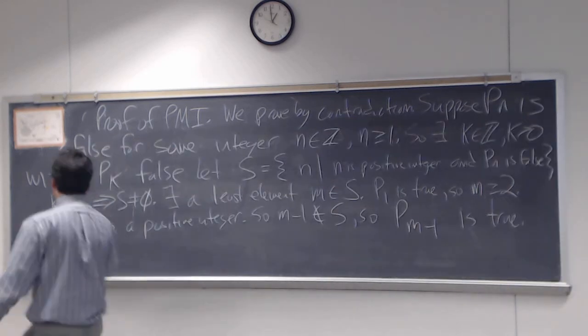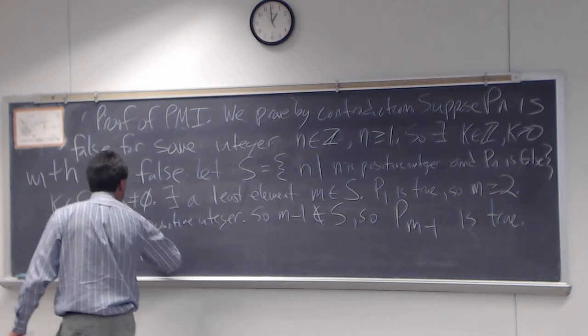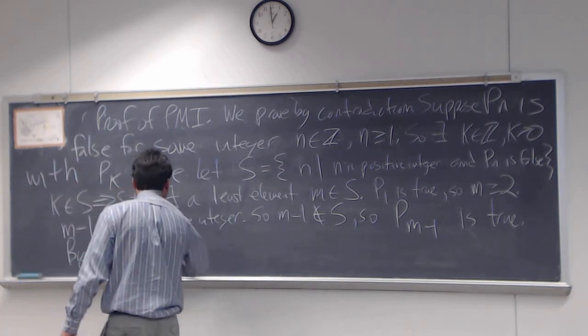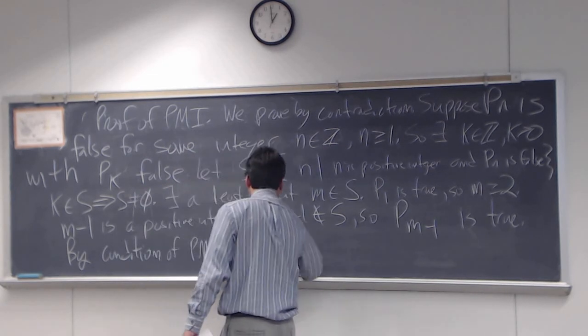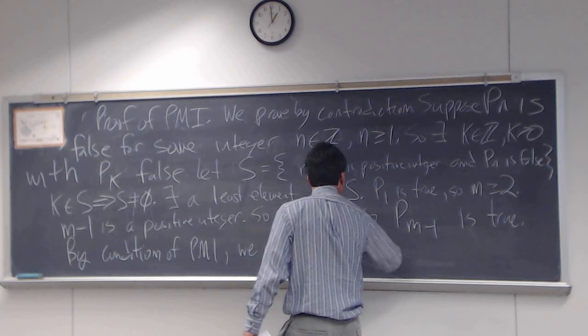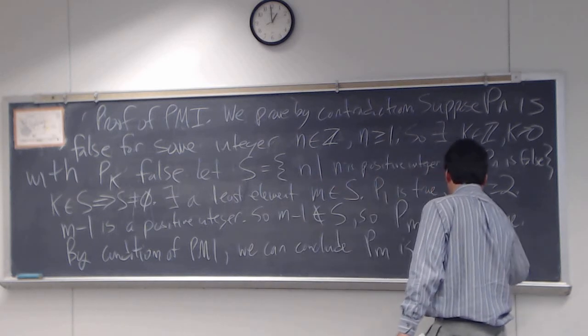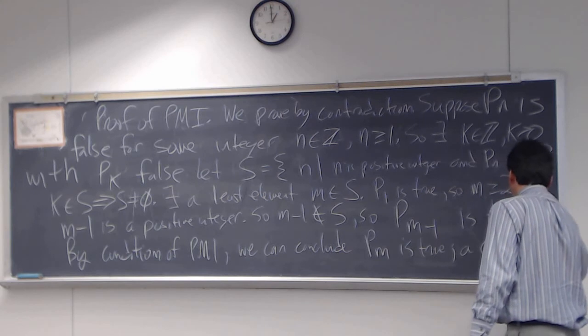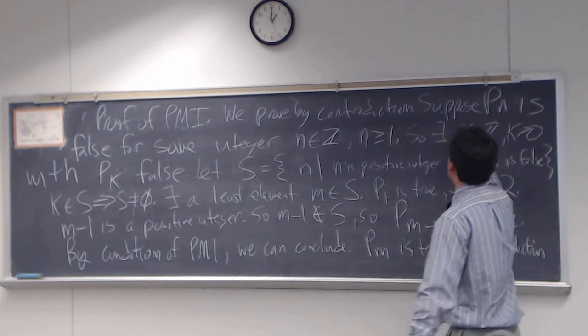But by the second condition of the hypothesis of the principle of mathematical induction, we can conclude Pm is true. But that's a contradiction. After all, m is an element of S, so Pm must be false. What produced this contradiction?